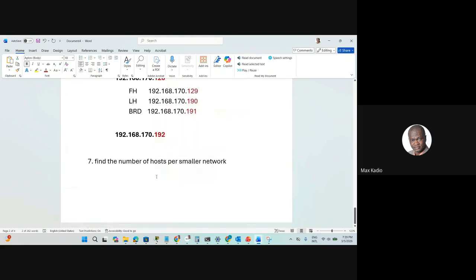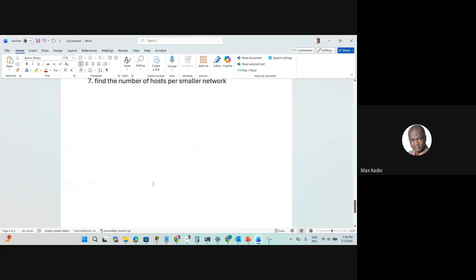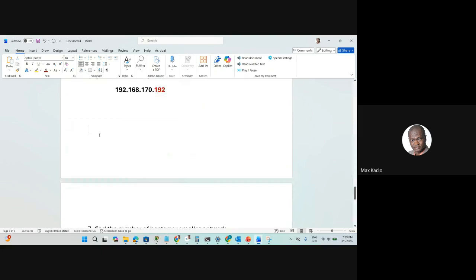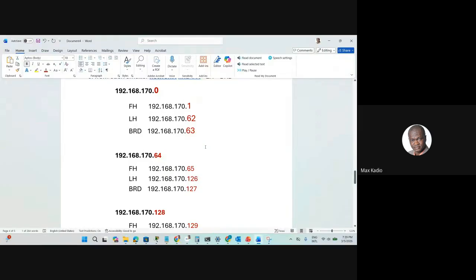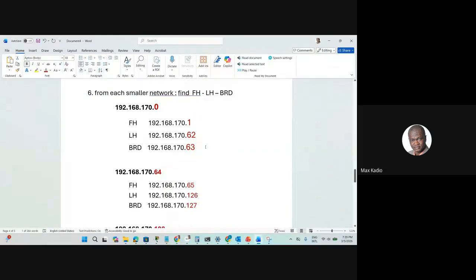In fact, we don't have any other question. So 111, it falls in which section? Where you can see the last one can be. So it falls on the first one.